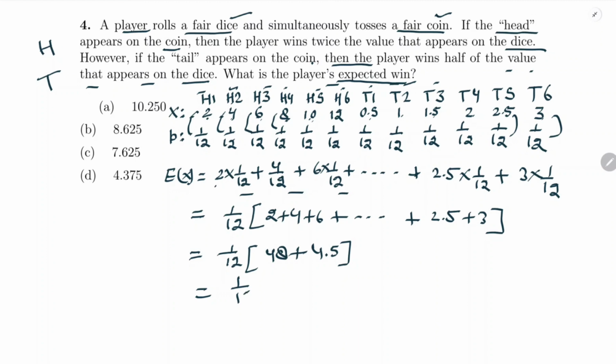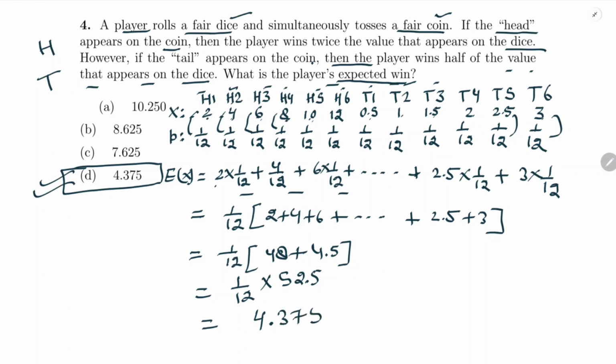So this will be 1 upon 12 into 52.5. Now if we divide it, we will get 4.375. Only option D has 4, so option D will be correct. The expected value of the player's win is 4.375.